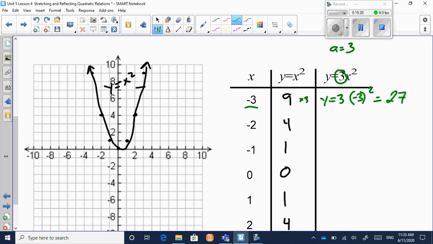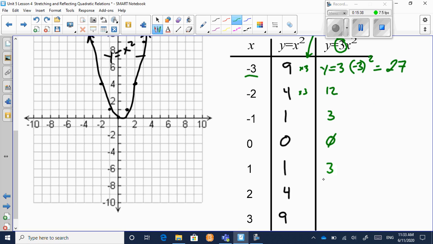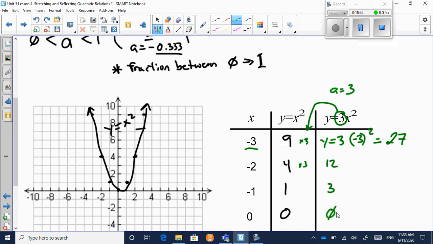I take this, and that's why I'm going to multiply it by 3. So for this one, it's going to be this value times 3, so it's 12. Here, it's 3. Here, it's still 0. Here, it's 3. Here, it's 12. And here, it's 27.